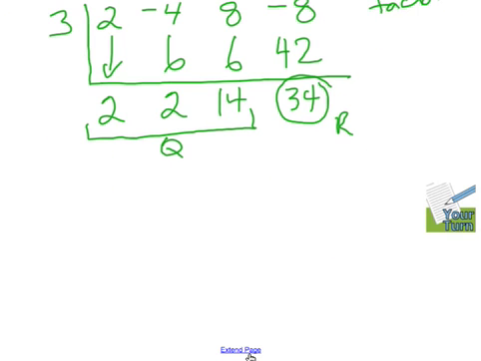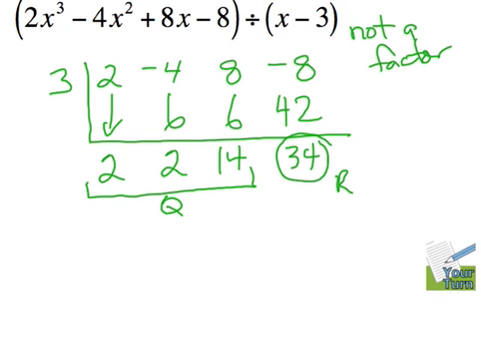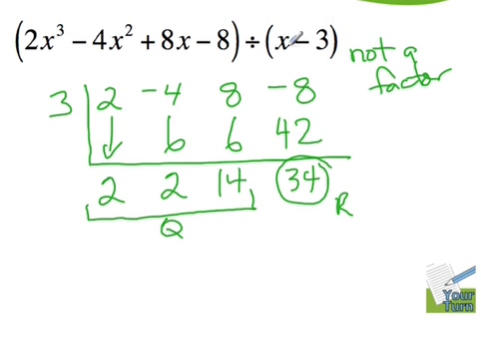Now, one thing I'd like to just show you too here, just to finish this off, is that anytime you have a division like this, you can write a division statement for it. And this is how it would go. The first expression is 2x cubed minus 4x squared plus 8x minus 8.